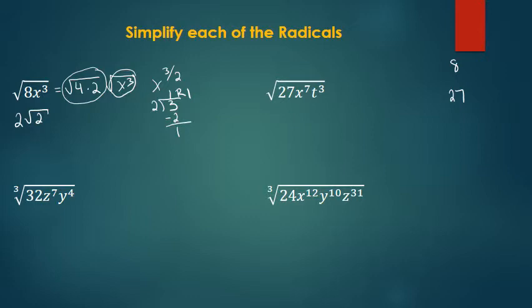The way that final answer is going to look is I have an exponent of 1 on an x on the outside, so I get 2x square root 2, which is this 2, and then my remainder says that I have 1 remaining x under the root. So my final answer is this.